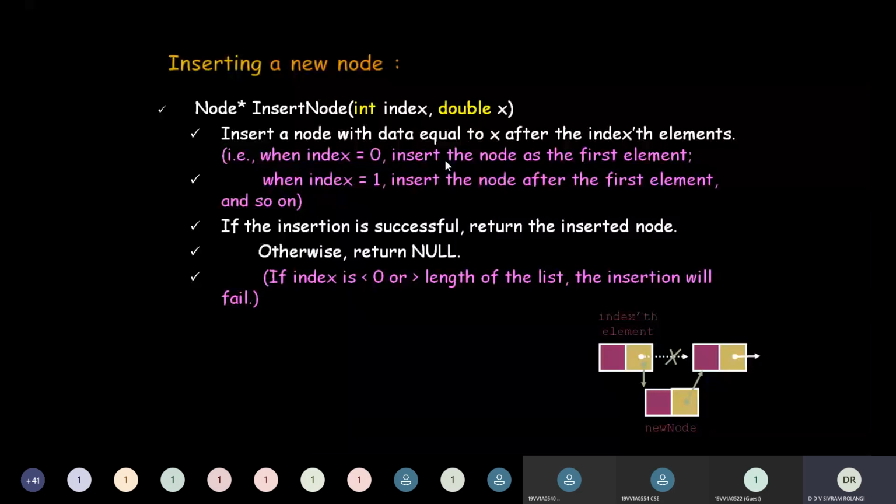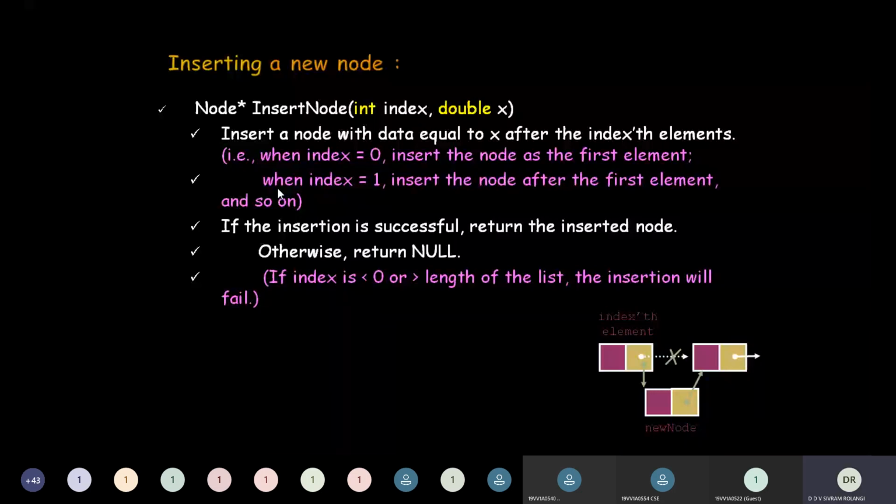The position you need to specify and the element that you want to insert. That is the reason why this function will take two parameters, int index and double x. Double x is the data item that you want to insert, and int index will specify the position after which you want to insert your double x.